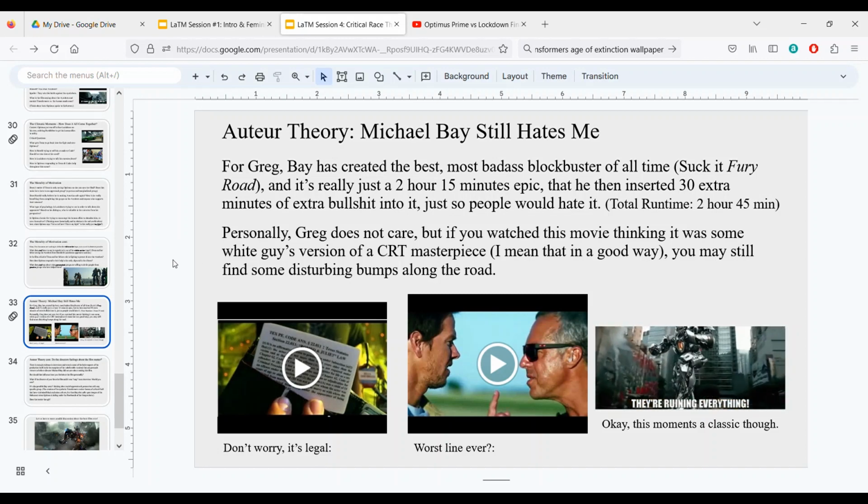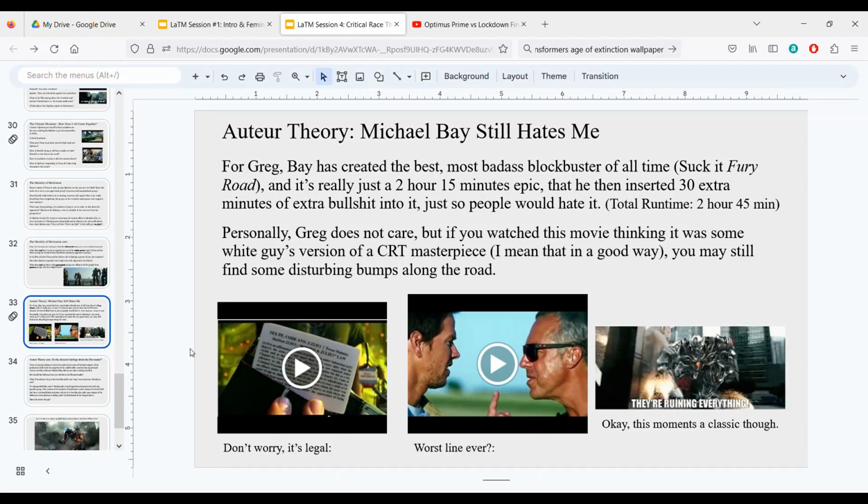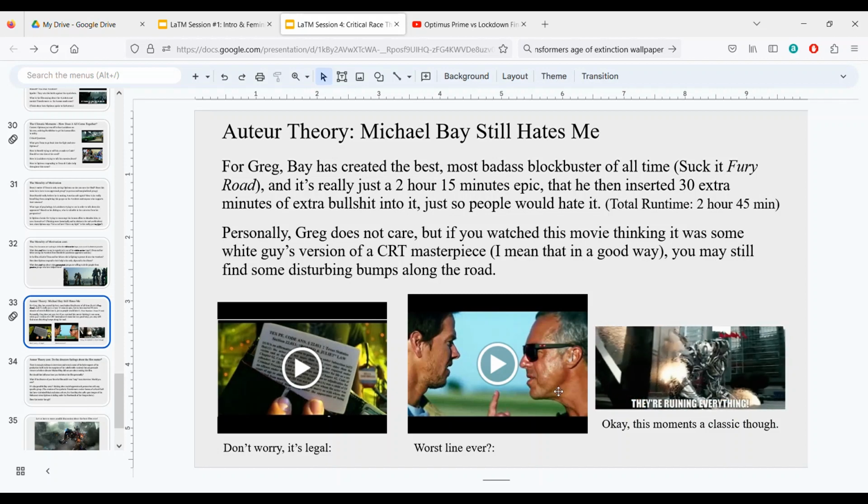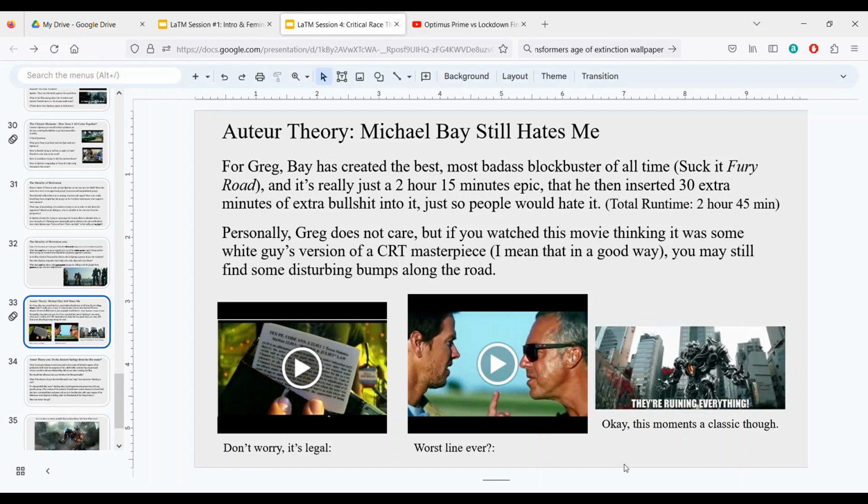If you watch the movie thinking it was some white guy's version of a CRT masterpiece, I mean that in a good way, you may still find some disturbing bumps along the road. So we got our classic moments of the Romeo and Juliet law, the my face is not relevant. Not relevant, because the age of consent is 17 in Texas, which is what Tessa Yeager's age was.